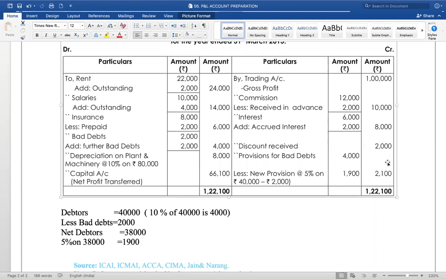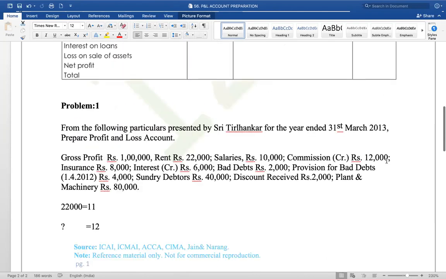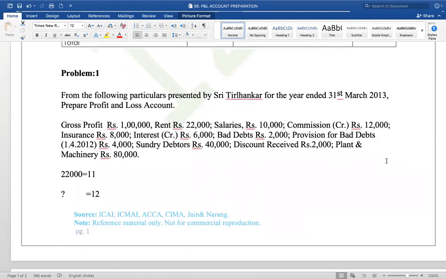There's a gain created. That gain I'm taking, but I'm not crediting the provision for bad debt. Provision for bad debt is a loss to the company, which is debited. But here I'm taking it on the credit side just to show you this amount. Okay, is that clear? Right. Any doubt, please ask me.